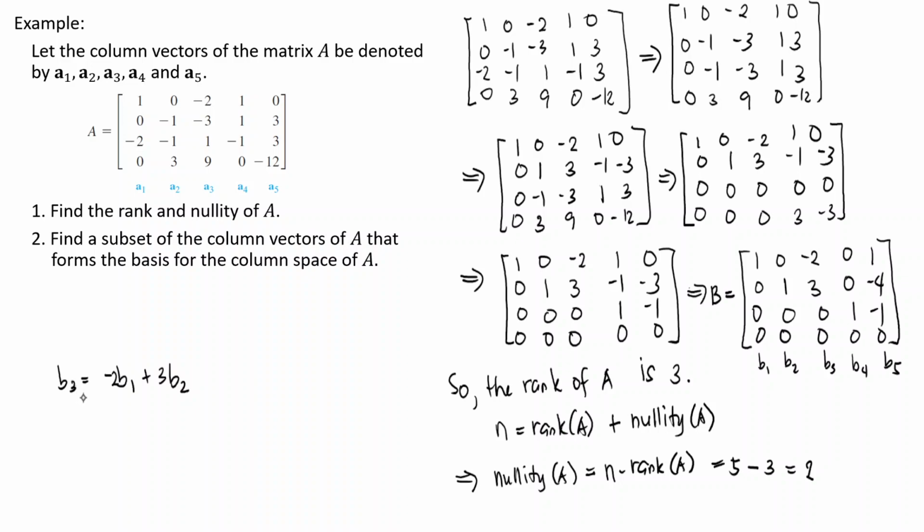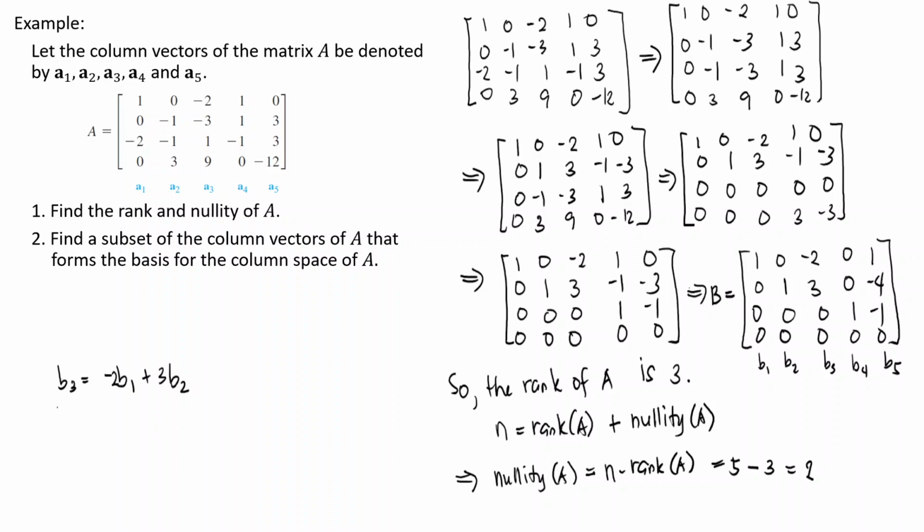Also, columns 1, 2, and 3 are linearly independent. Sorry, that's columns 1, 2, and 4, not 3. Columns 1, 2, and 4 are linearly independent.